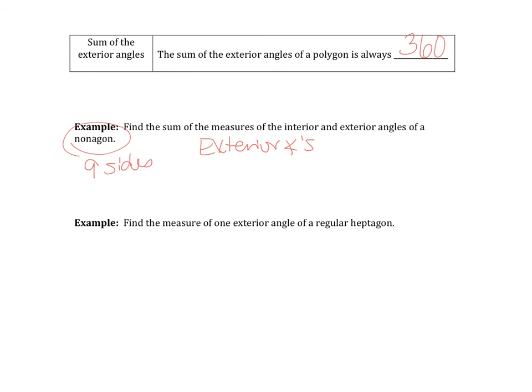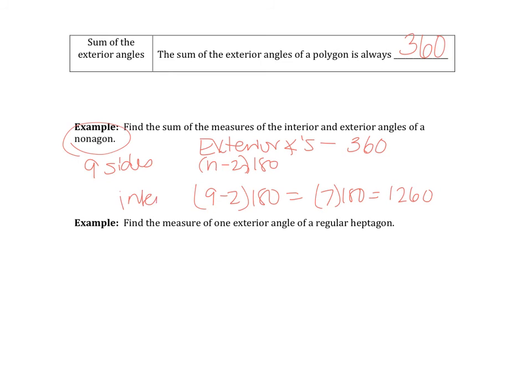Again, we just learned that's equal to 360 degrees for any polygon. For the interior angles, we're going to use our n minus 2 times 180. So 9 minus 2 times 180, which is 7 times 180, which is equal to 1,260. So this is my interior.